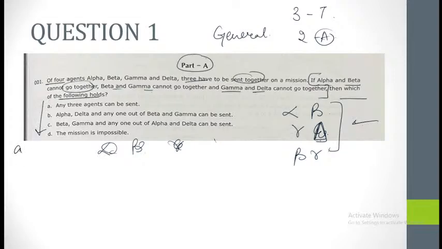It is an analytical question. Get the answer for this particular question. Take your time and get the answer.